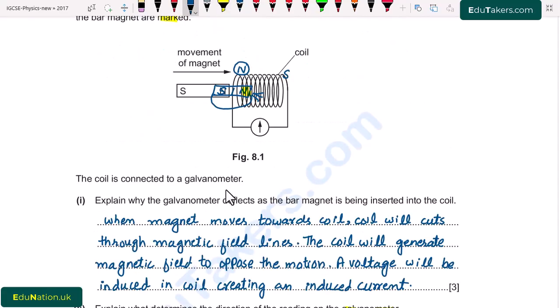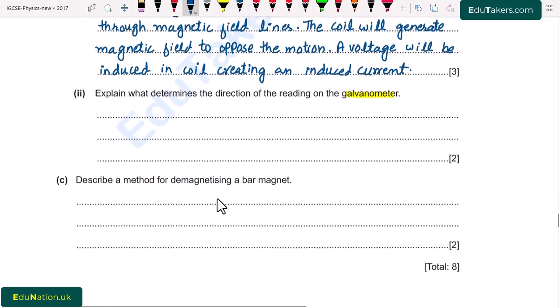Here we can see that the north pole is entering the coil, and if I suppose that the deflection of the galvanometer is in this direction, then when I insert the south pole of the bar magnet into the coil, the deflection will be opposite. So this depends basically on which pole is entering the coil, so that the direction of the induced EMF will oppose the change inducing it.